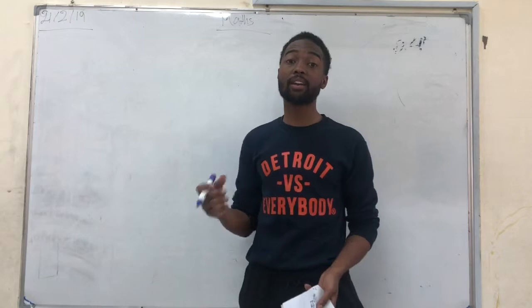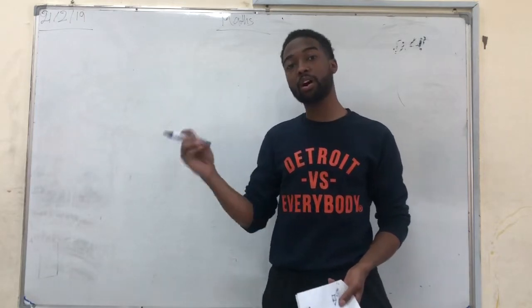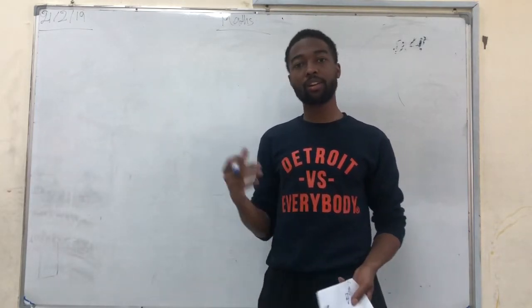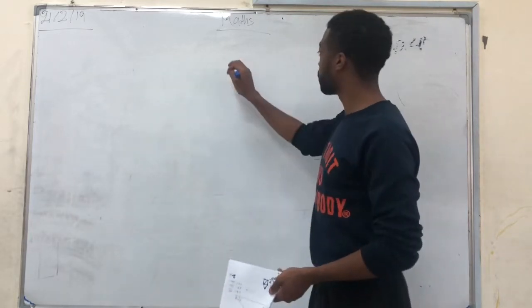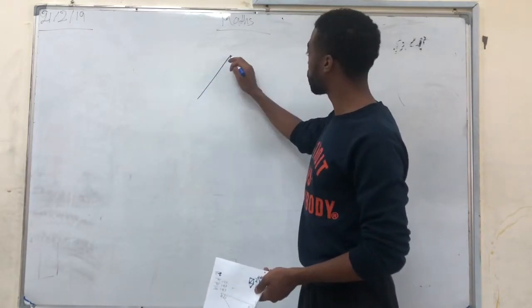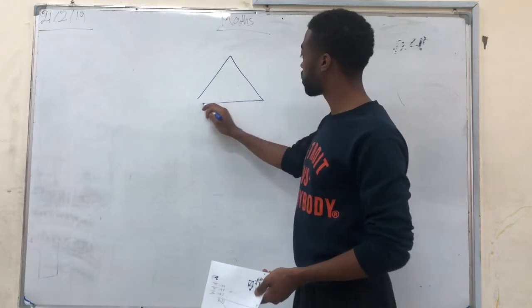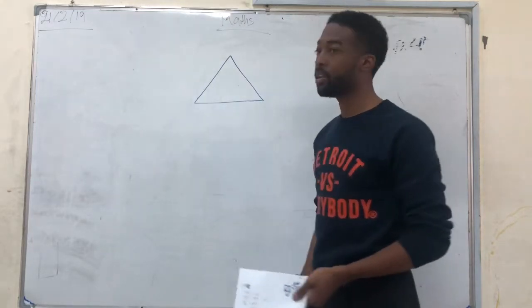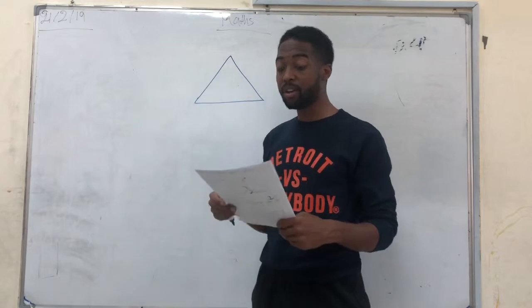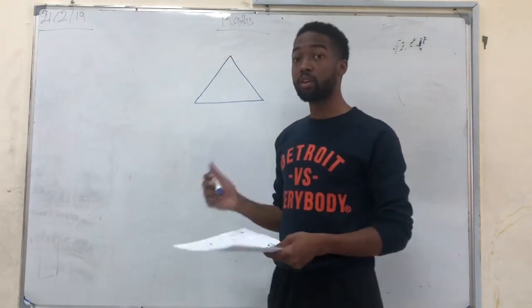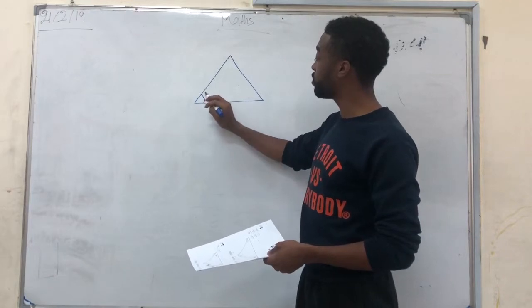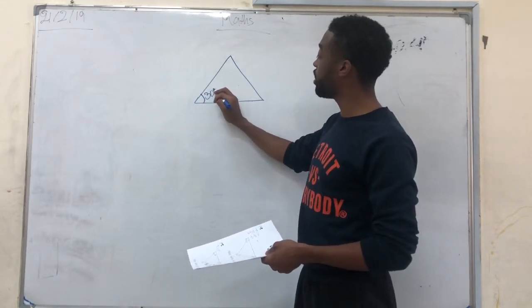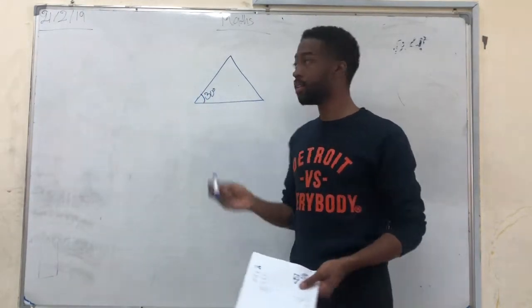Next, let's find the missing angle of a polygon. So let's say I have a triangle here. Let's say that they gave me one of those angles. Let's say they gave me this one, and they said it was 30 degrees.